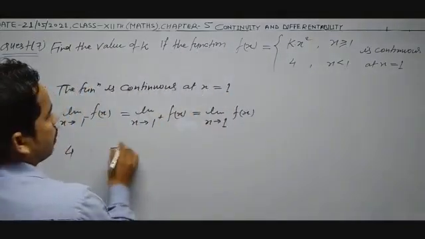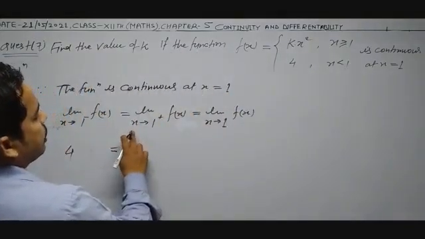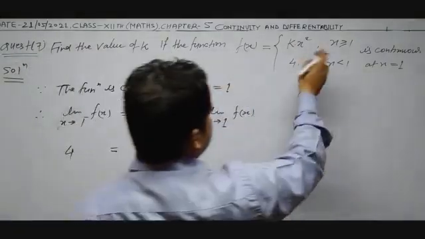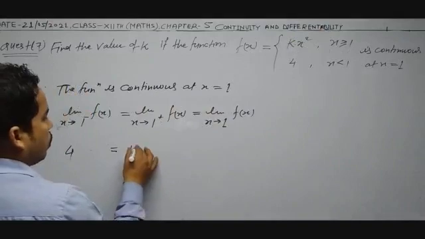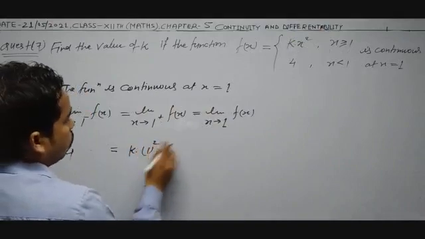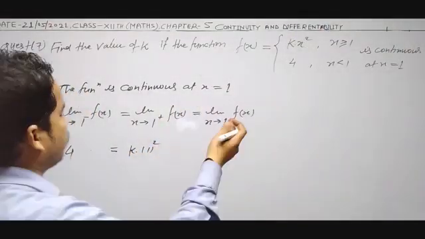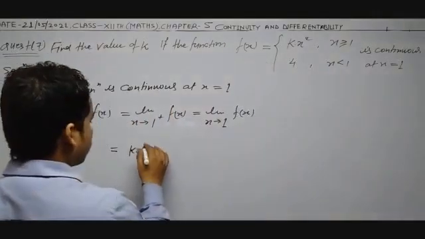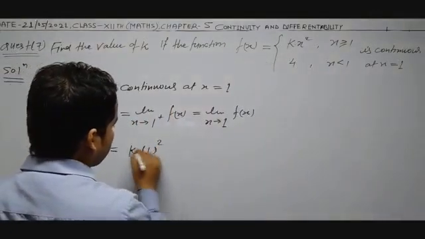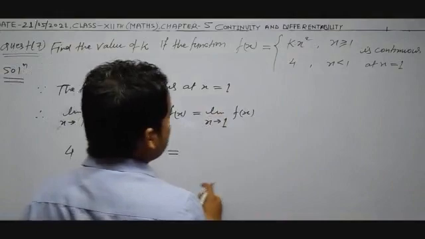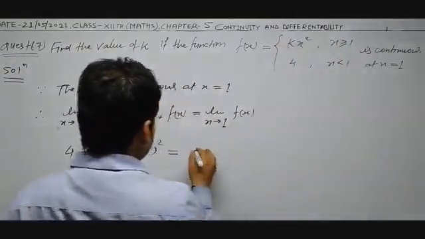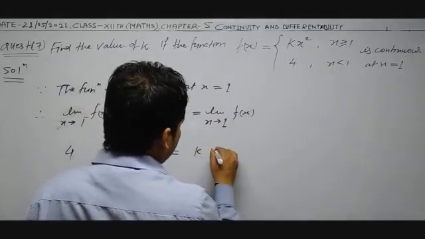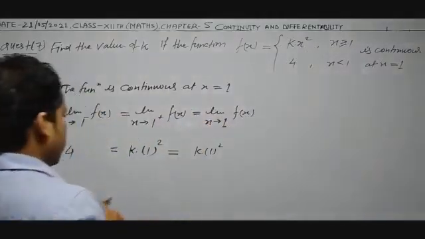And x tends to 1 positive means the right hand limit function will be used here. So k times 1 square will be equal to the value at x equals 1.